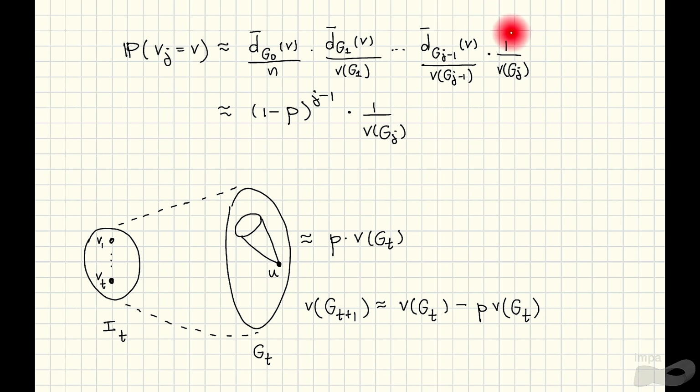And then for the last one, we have to see what we expect for the number of vertices in the active graph in the jth step. Well, when we select the vertex, we put it in I_t, and then we also remove all the neighbors of it, right? So when we remove all the neighbors, G_{t+1} is left with V of GT minus the degree of this vertex u, which is roughly p times V of GT. So in other words, the number of vertices in these active graphs decays by a factor of 1 minus p in every step.